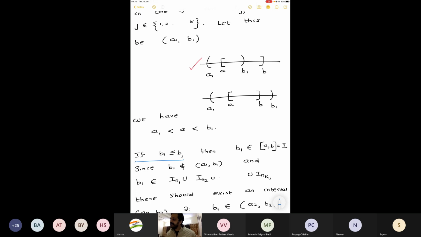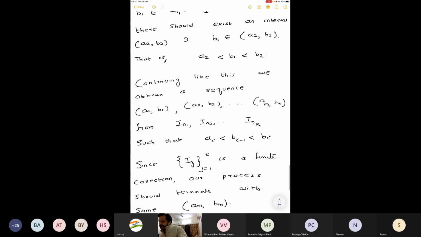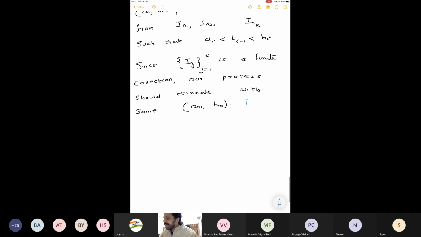If b1 is less than b, you could get one more interval. If b2 is less than b, again you could get one more, and so on. So termination means b should be less than this bm, and this will happen only if b is in (am, bm).